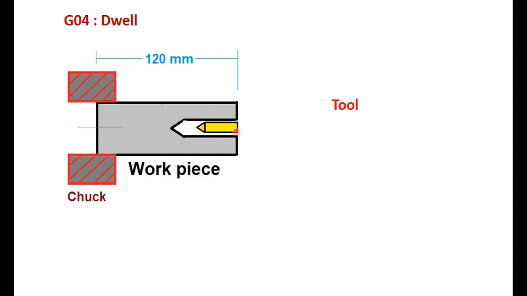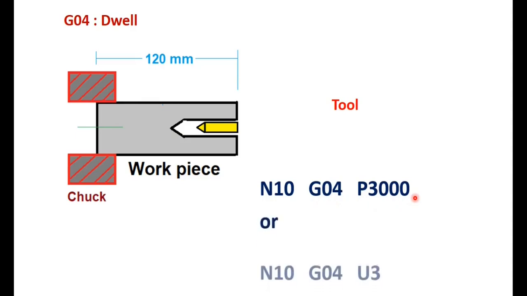Now the chip has to come out properly, and also we want a proper finish. For that reason, I want the tool to go here, wait for some seconds, and then come out. For this purpose we are using G04. It is represented by the block G04 P3000, or I can use one more command, G04 U3.